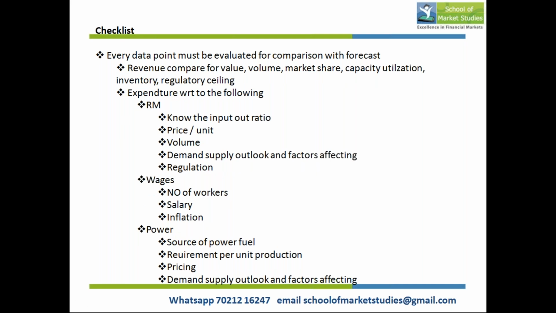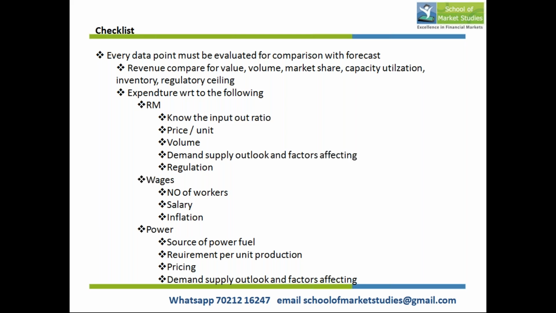So when you're looking at revenue, you should compare revenue for value, volume, market share, capacity utilization, inventory, regulatory ceilings, and segments. Okay. So the one just I missed out, there is segments. Then expenditure with respect to the five, which are RM, wages, power, SG&A, and A&P.